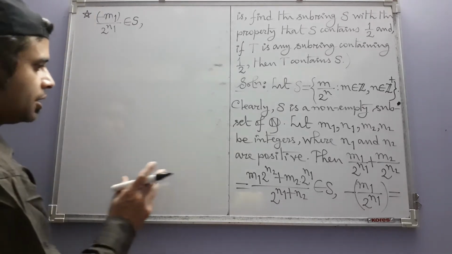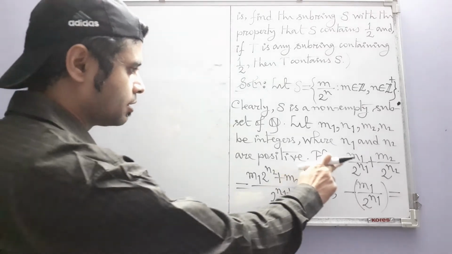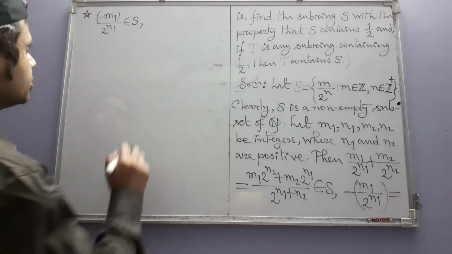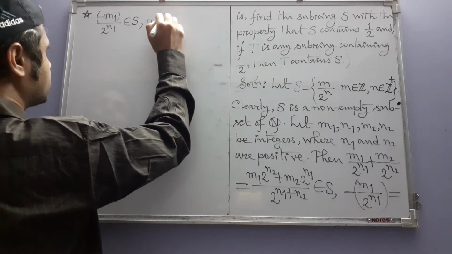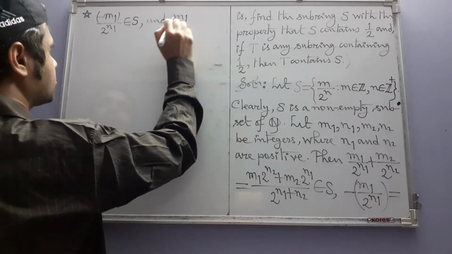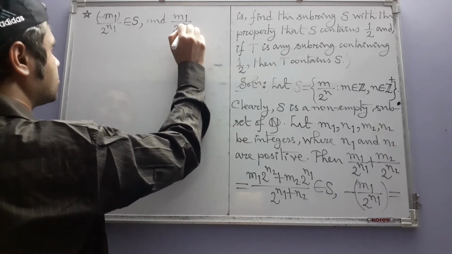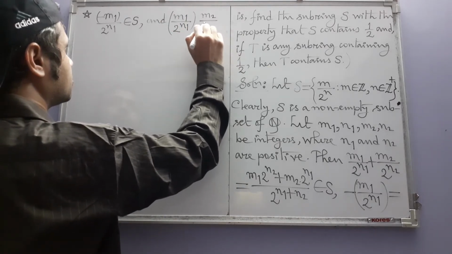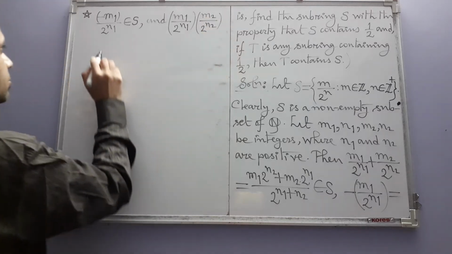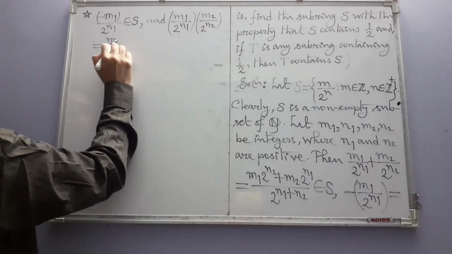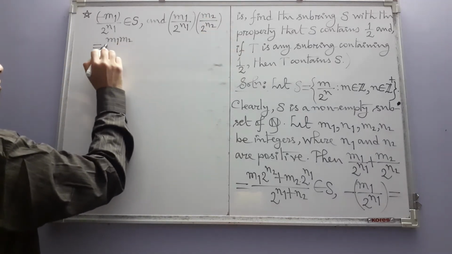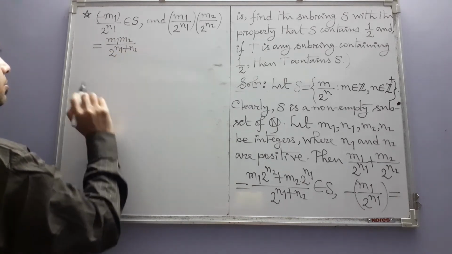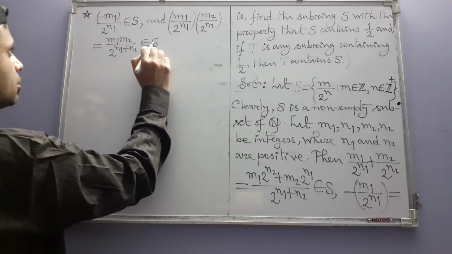But now we are also going to see that the product of these two things again belongs to S, m1 m2 divided by this, so this belongs to S.